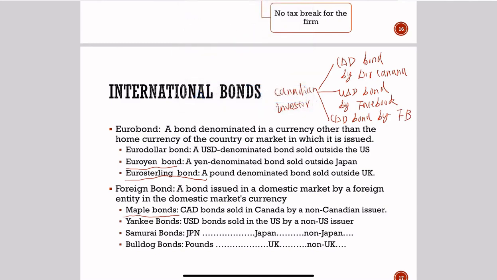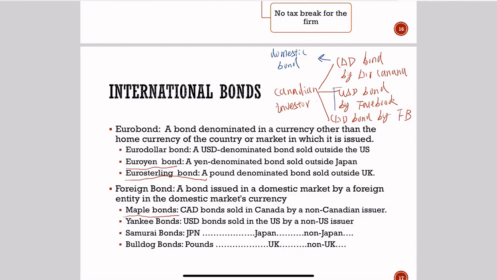Now, for the first bond, that is a bond in Canadian dollars issued by Air Canada, this is a domestic bond. And then for the second type of bond and third type of bond, they both are international bonds. Now let's look at the second type of bond.